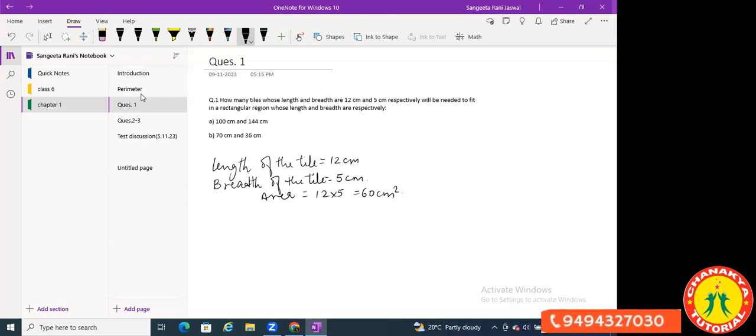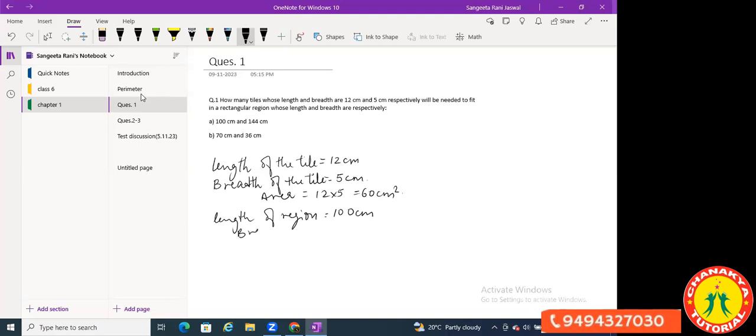Now, how many tiles whose length and breadth are 12 and 5 centimeters respectively will be needed to fit in a rectangular region whose length and breadth are given? Now, area of the rectangular region will be length times breadth. Length of region is 100 centimeters.